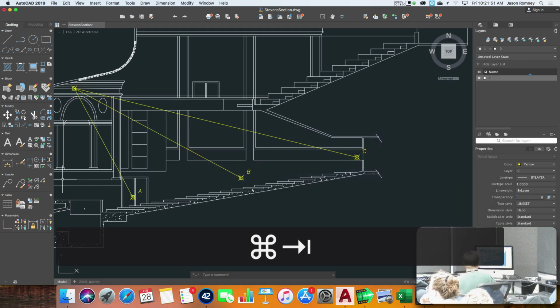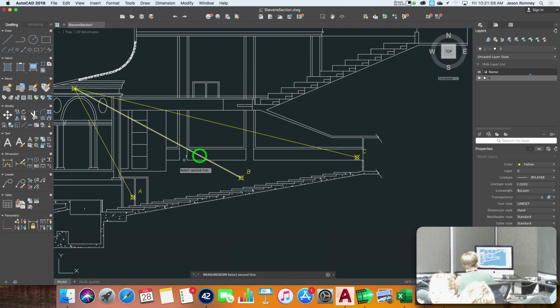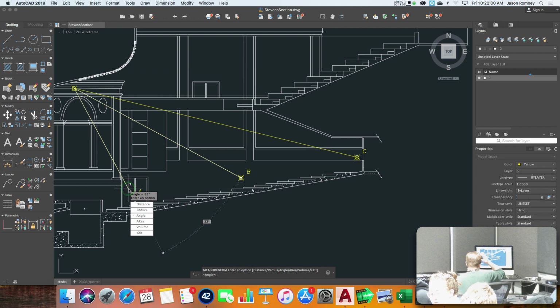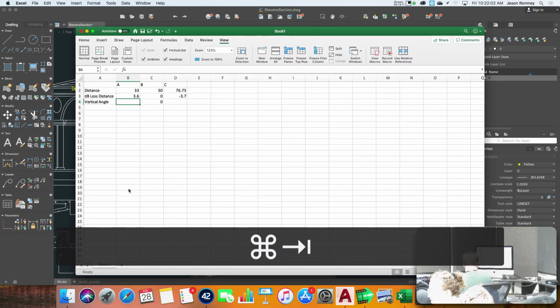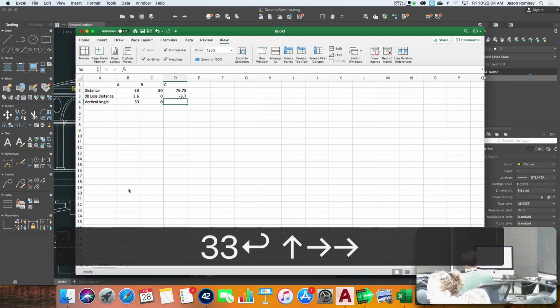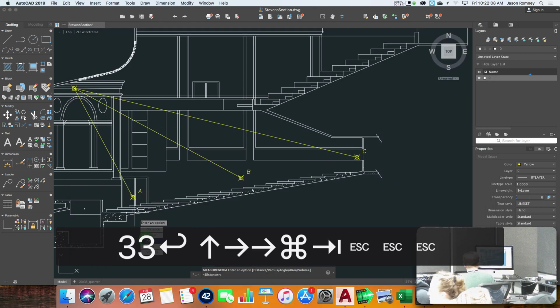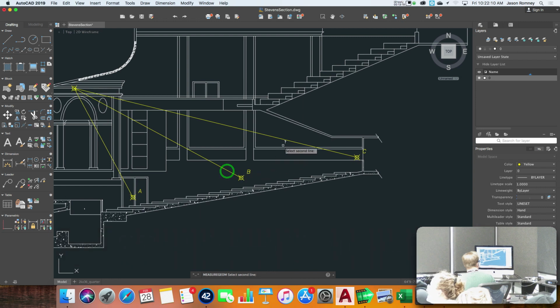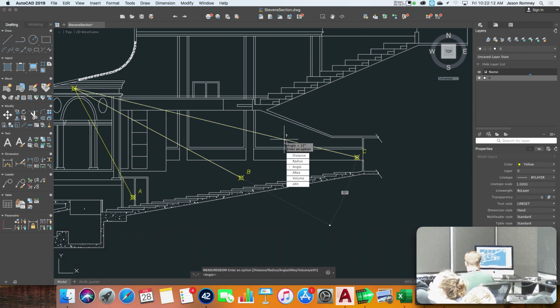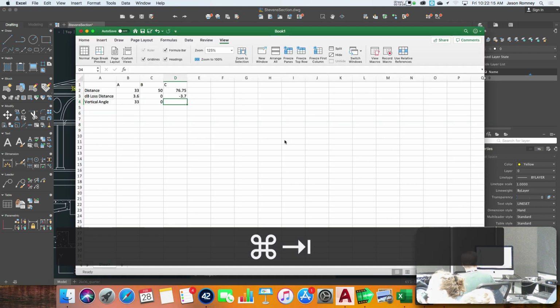If I measure the angle between B and A, it is 33 degrees. Okay? What about B to C? 15 degrees. So I'm going to call this negative 33 because I went down.